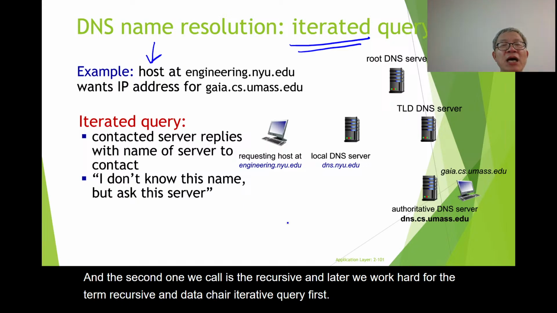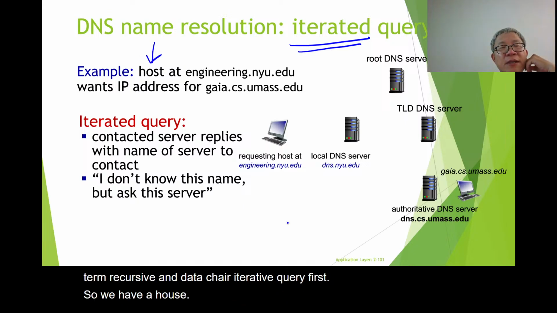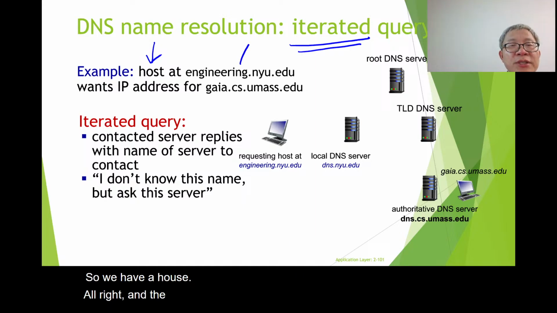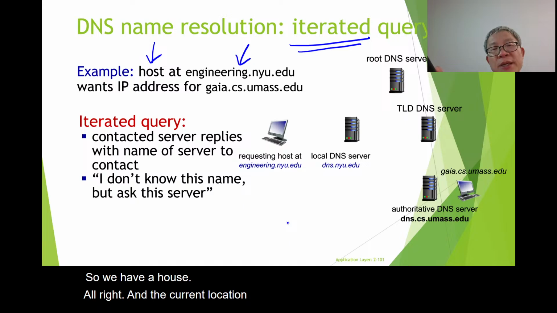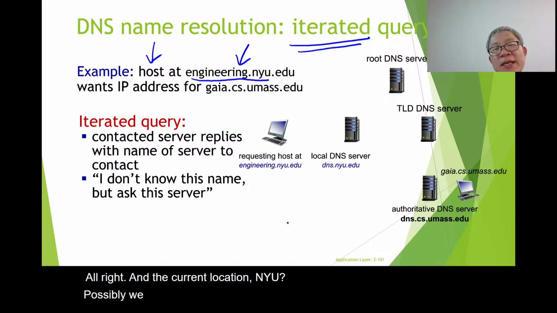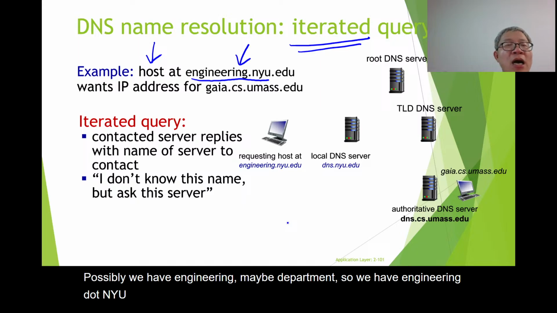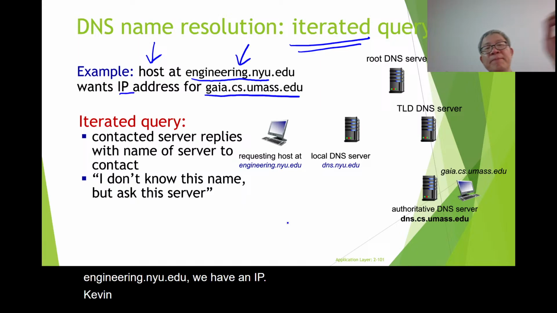So we have a host, and the current location is NYU. Possibly we have the engineering department, so we have engineering.nyu.edu. We have the IP and the current name.